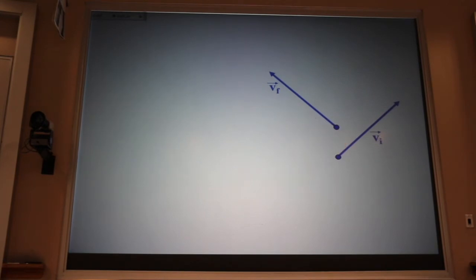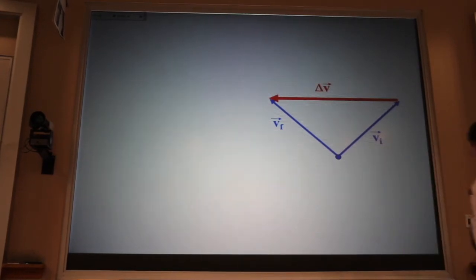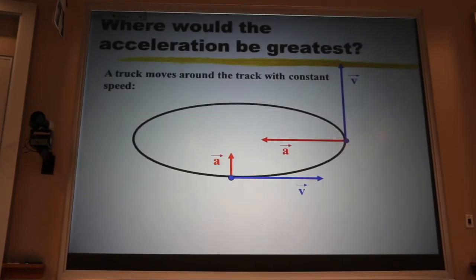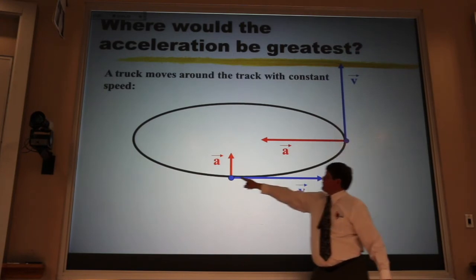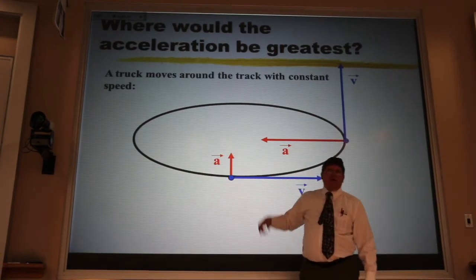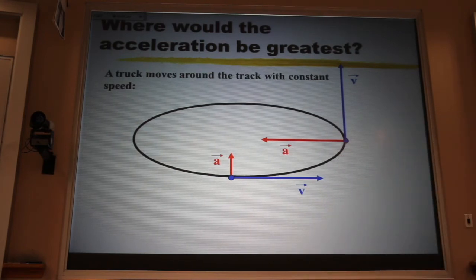When I look at how different they are, I put them tail to tail. I find the change vector that I have to add to the initial to get the final. That change happens in a second, so that's my acceleration. I get a big acceleration here where the curvature is tight, a small acceleration here where it's gentle. Okay, that's just a quick review of what you learned in this week's tutorial.